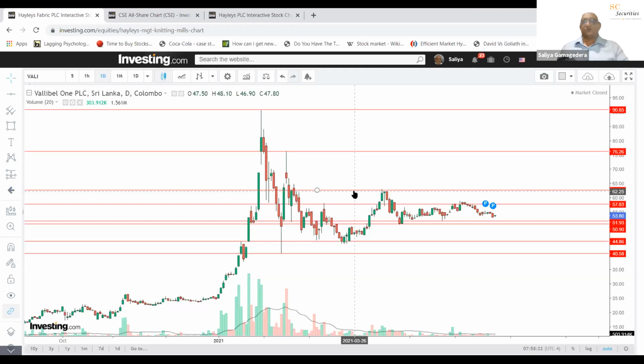Some people get scared when we draw lines like this. They think because of the line, it's going to come down. No, these lines are being used as guidance for us, to understand the support area and the resistance area.